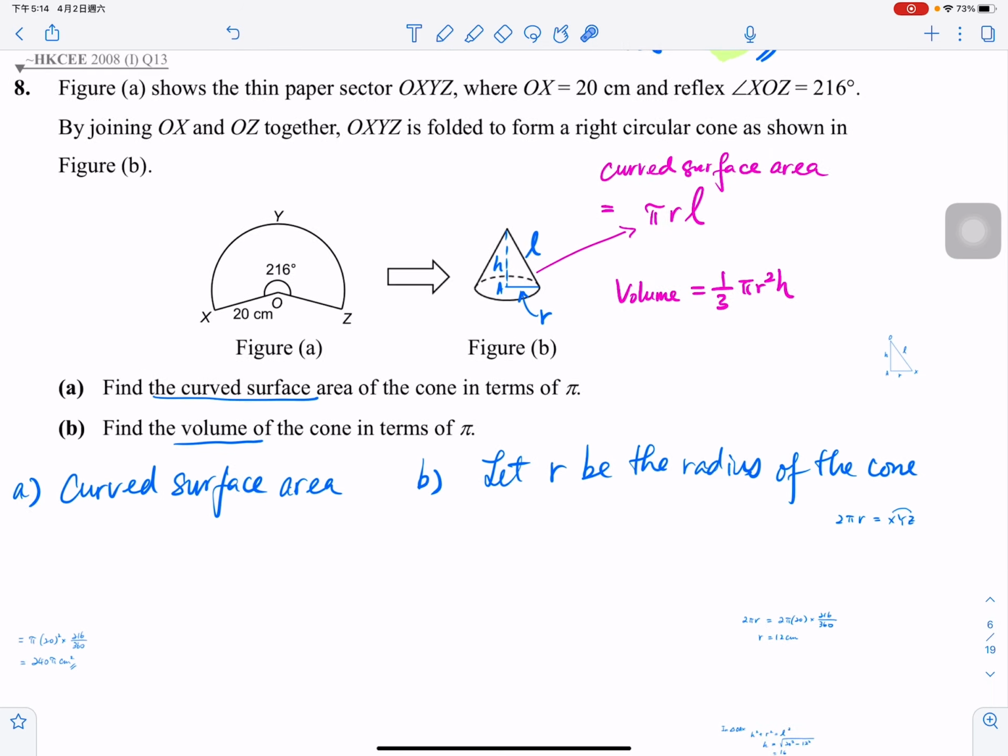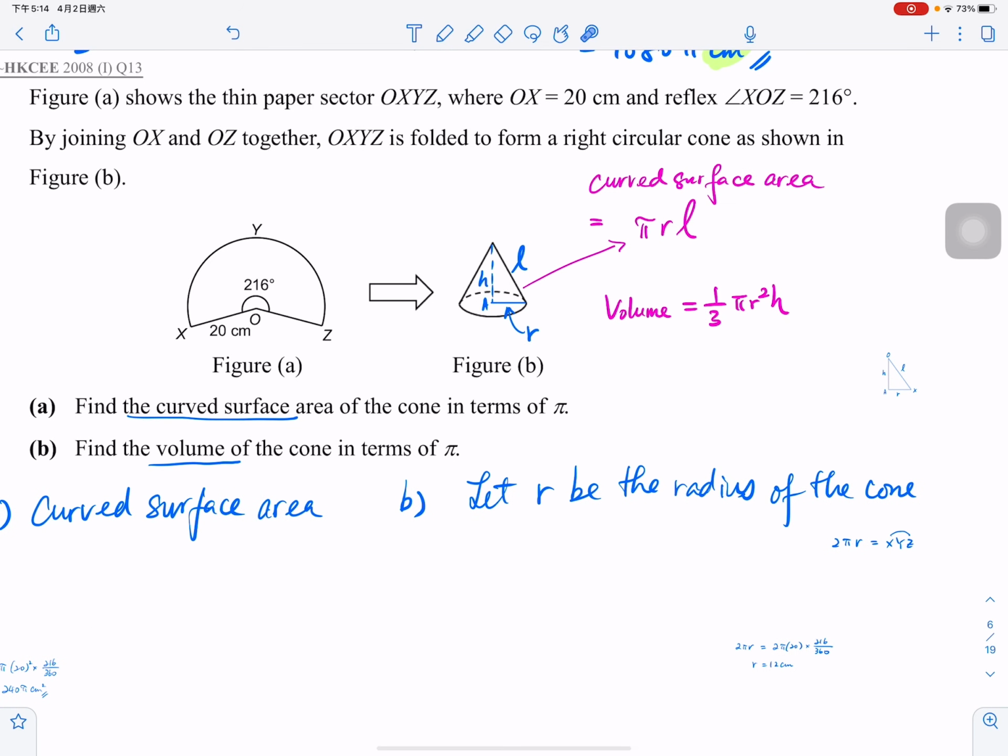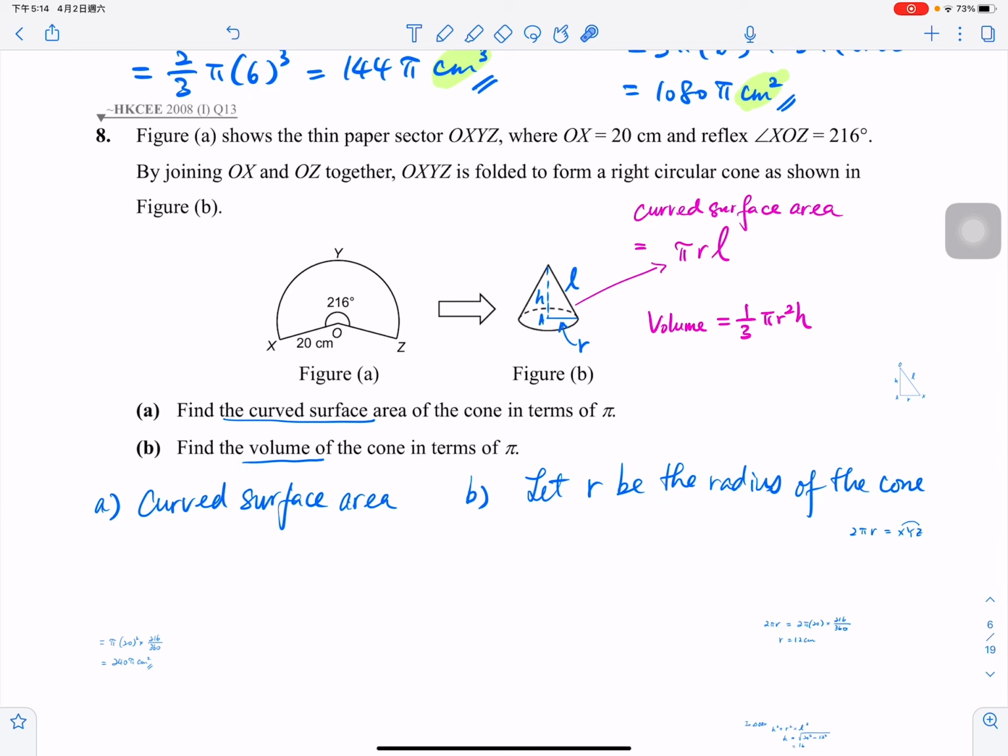Then, do you know the radius r? Do you know the slant length L? Seems not, right? How about the volume, r and h? Do you know the radius? No. Do you know the height of the circular cone? We don't know, not yet.